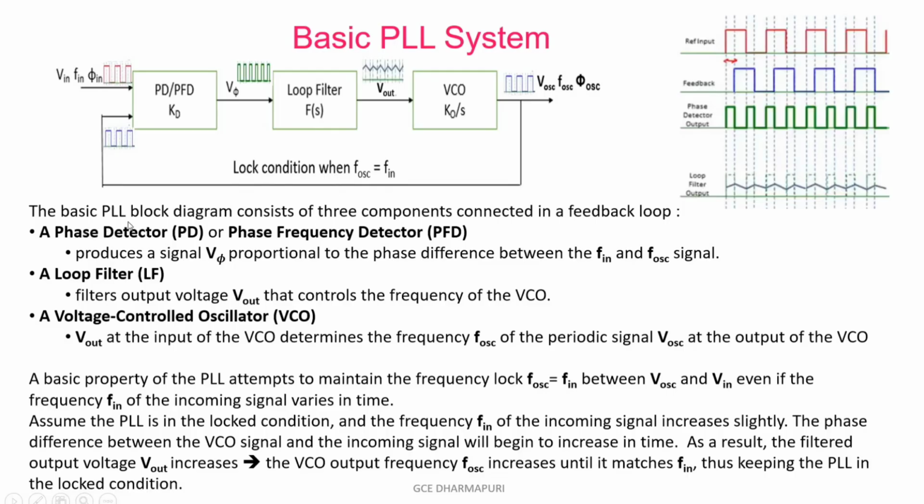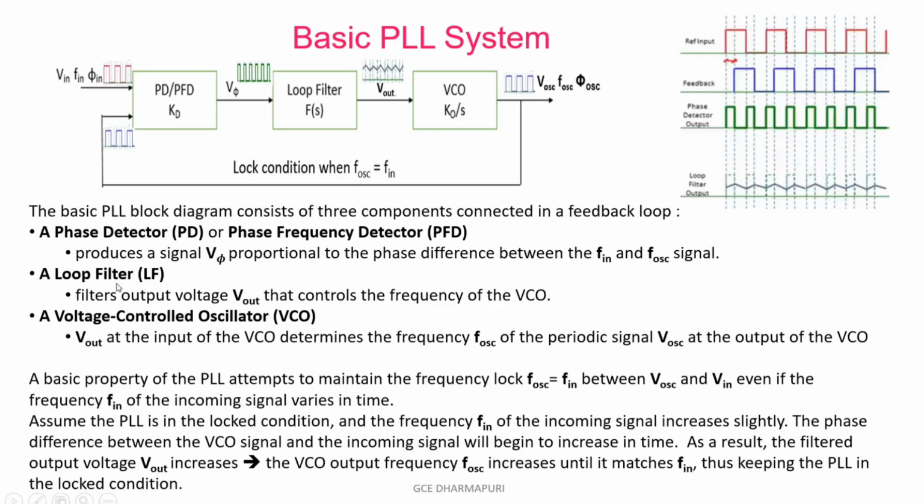So the basic PLL block diagram consists of three components, and the VCO is connected as a feedback loop. The phase detector or phase frequency detector produces a signal Vφ, which is proportional to the phase difference between Vin and VOSC signals. This is given to a loop filter.